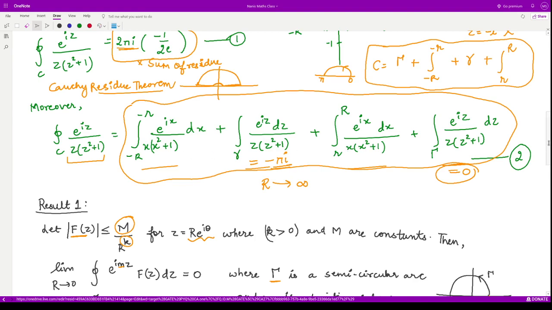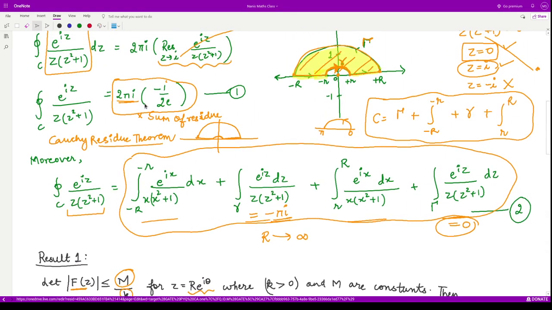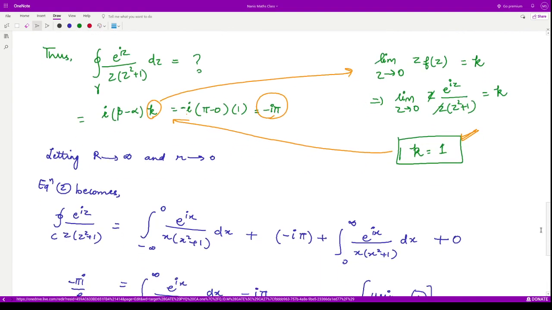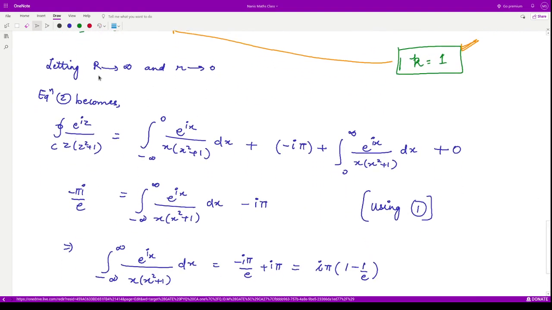Now substituting this particular value in the left hand side, if we let r tend to infinity and small r tend to 0, we would basically be covering the whole of this complex plane, and this small portion would be really small. So the value evaluated from equation number 1 is this one.